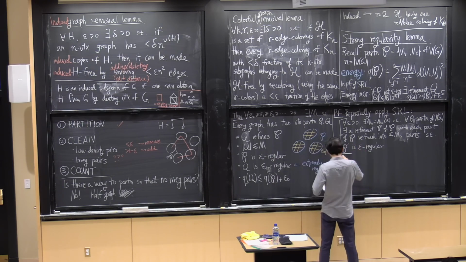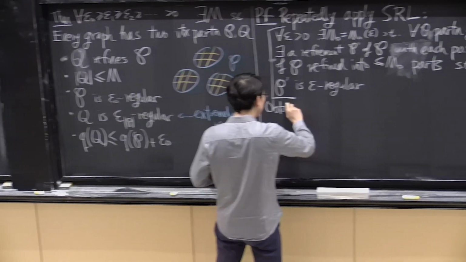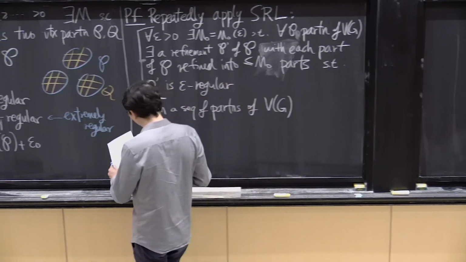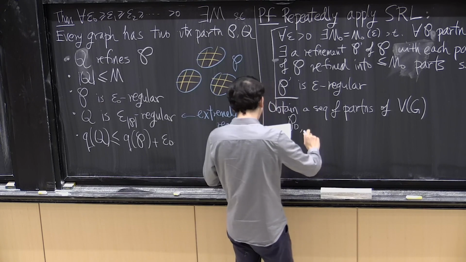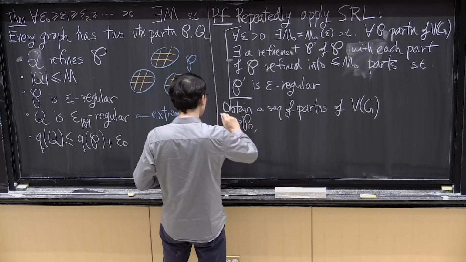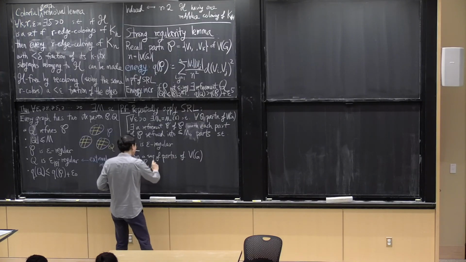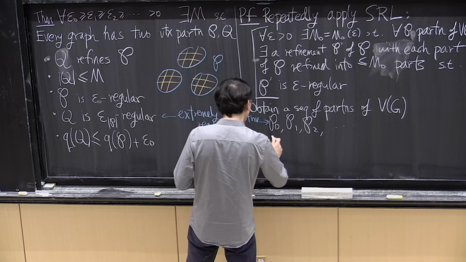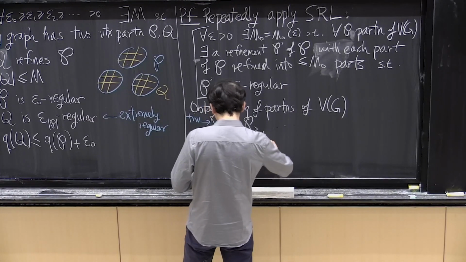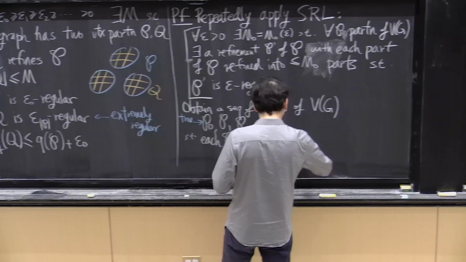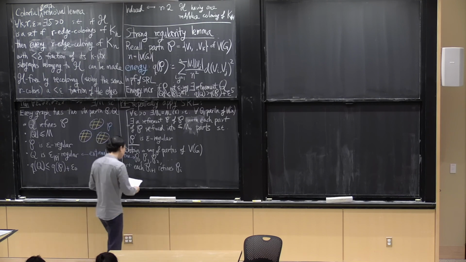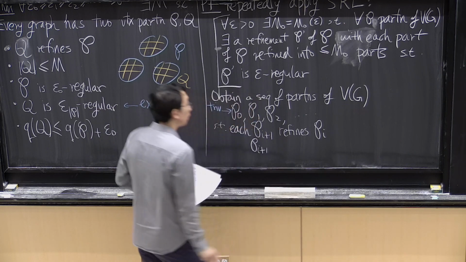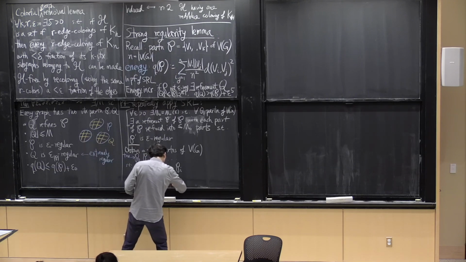So let's apply this statement, and we obtain a sequence of partitions of G, the vertex set of G, starting with P naught being a trivial partition, and so on, such that each partition P sub I plus 1 refines the previous one, and such that each P sub I plus 1 is epsilon sub P sub I regular.